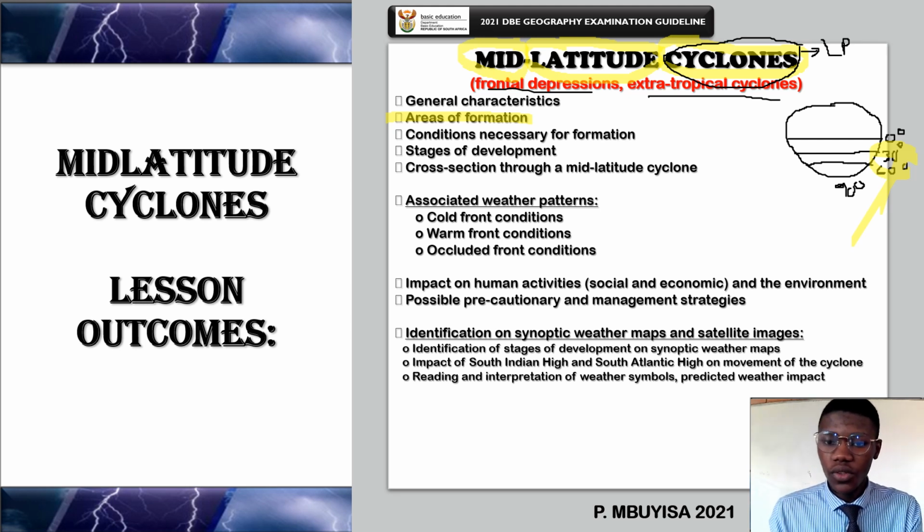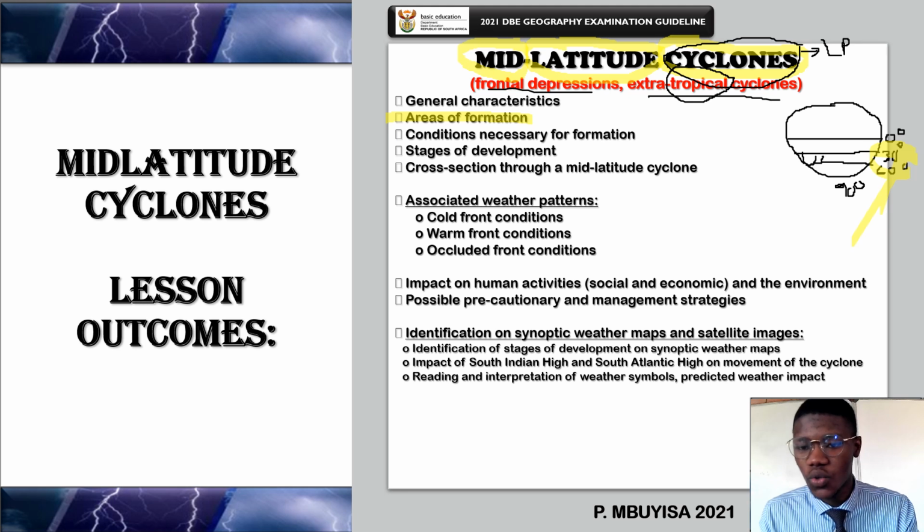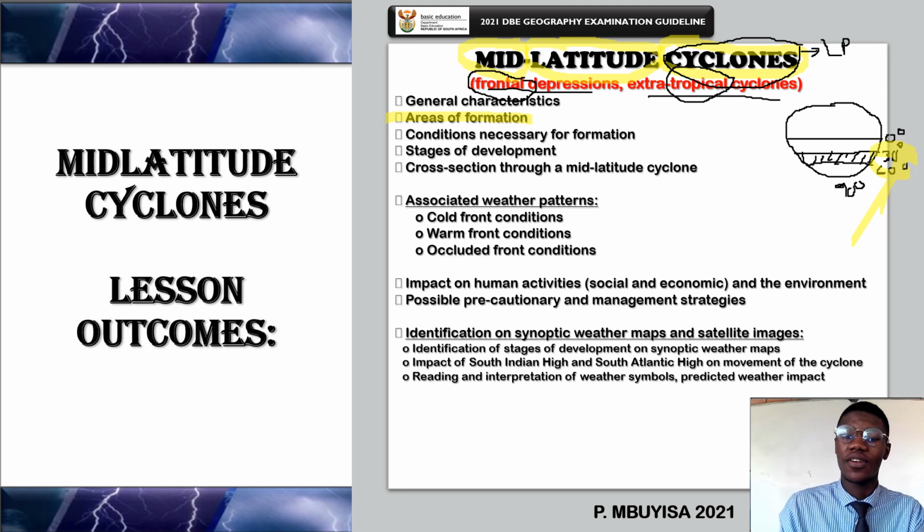Now, why do we call them extratropical cyclones? The word tropical tells us that they are found somewhere in a tropical region, and the region that they are found in is this one, and we call this region the subtropical region. So that's one of their characteristics. And we say they are frontal depressions, which means that they have fronts.